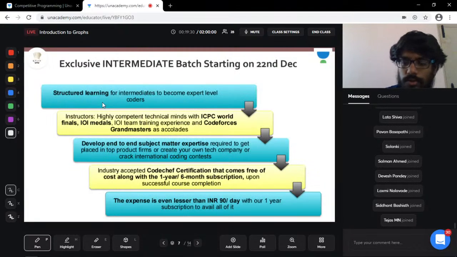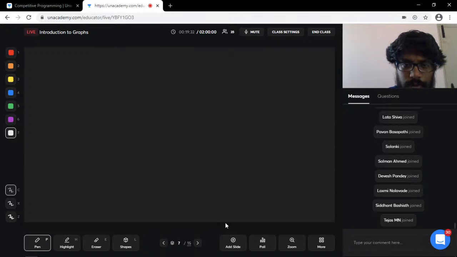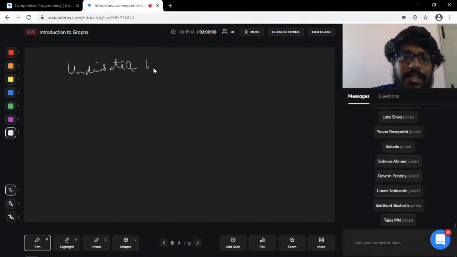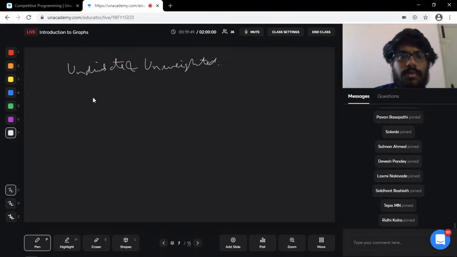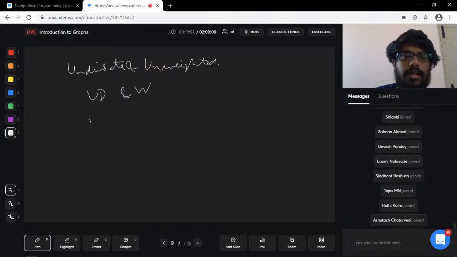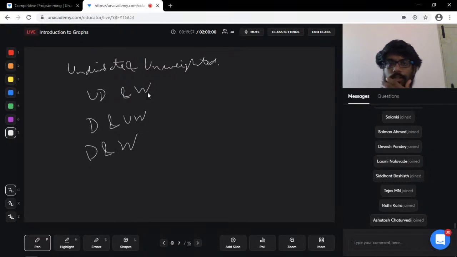So till now we've seen 4 different kinds of graphs, right? Undirected and unweighted, undirected and weighted, directed and unweighted, directed and weighted. Depending on the problem or the data that you want to model, this will change.